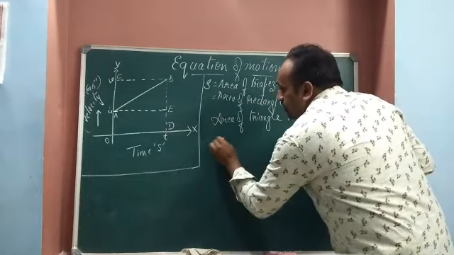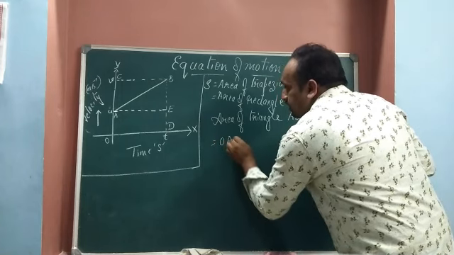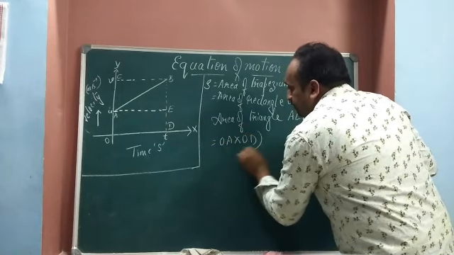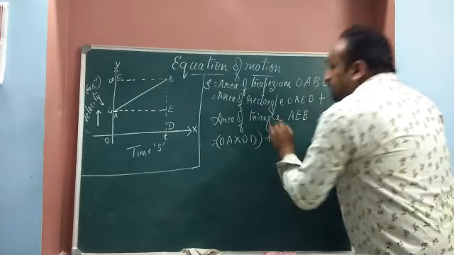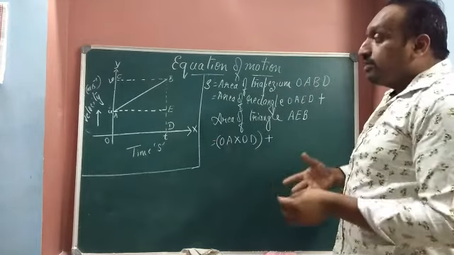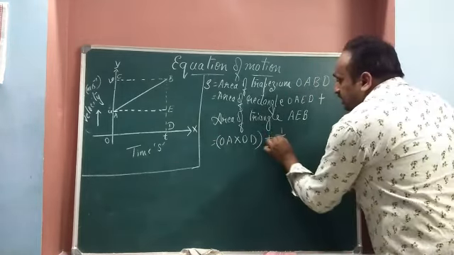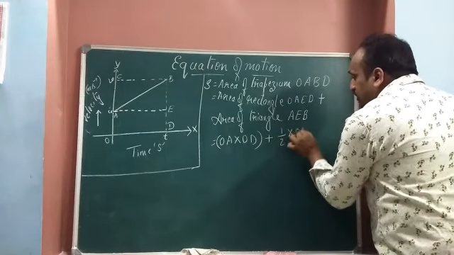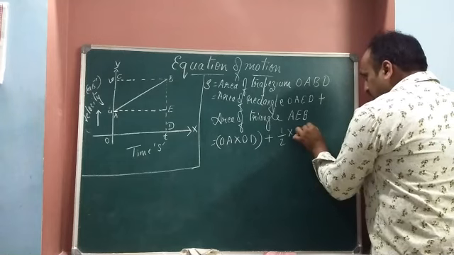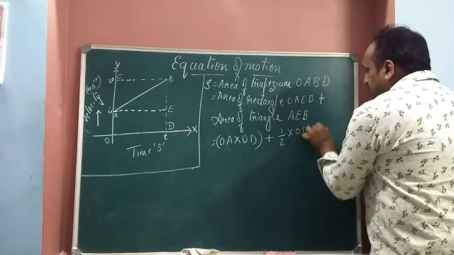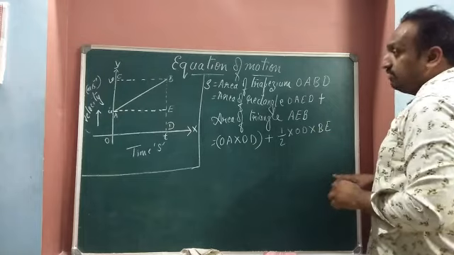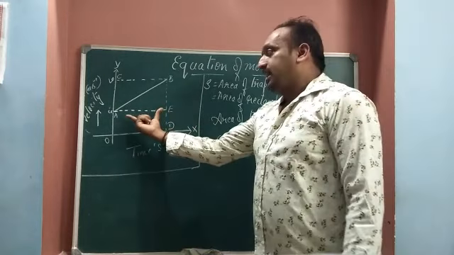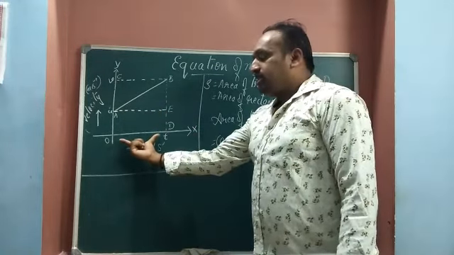Next question. The area of rectangle formula is length into breadth. Substitute the value. OA into OD. Area of rectangle plus area of triangle, which is half into breadth into height. That is half into breadth, which is OD, into height, which is BE. Don't get confused. I have not written here AE. AE and OD are the same.